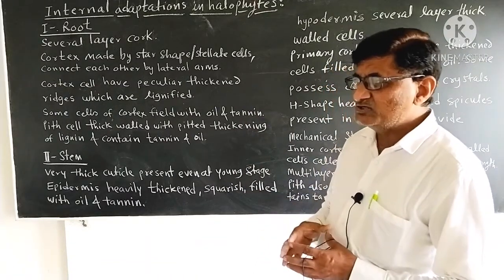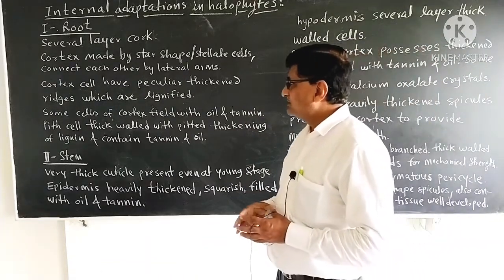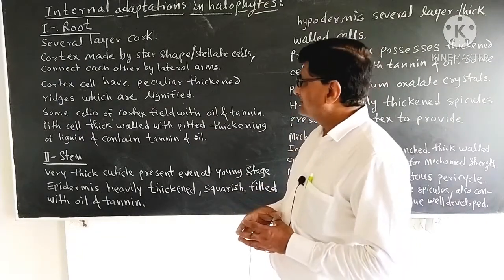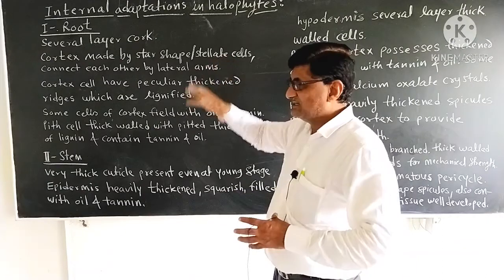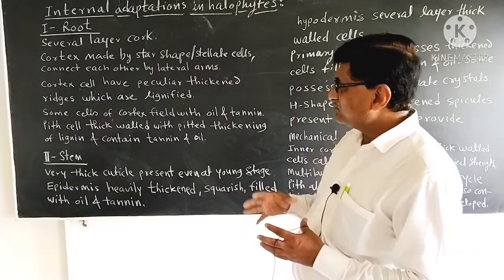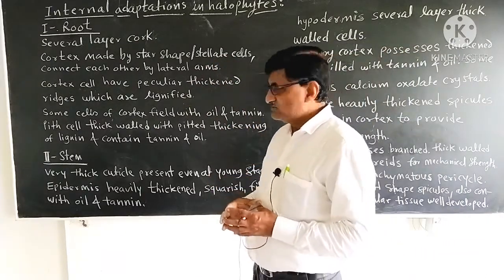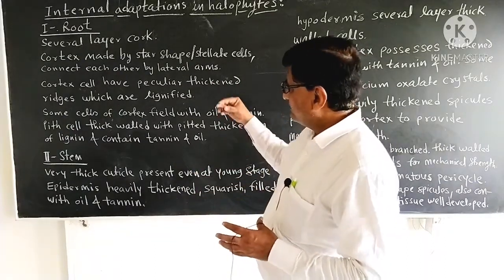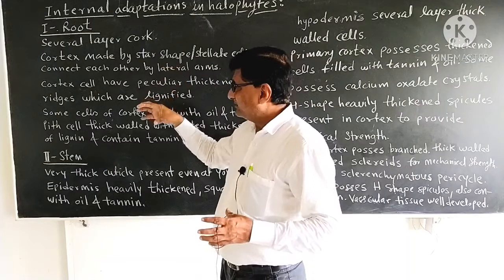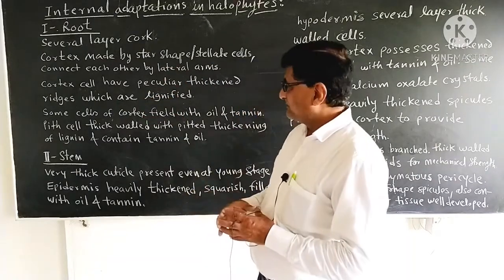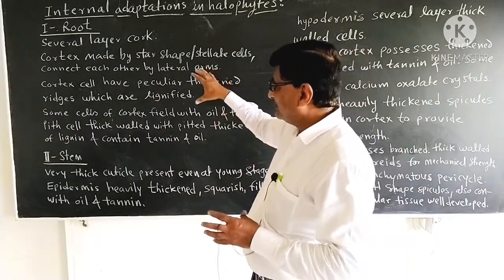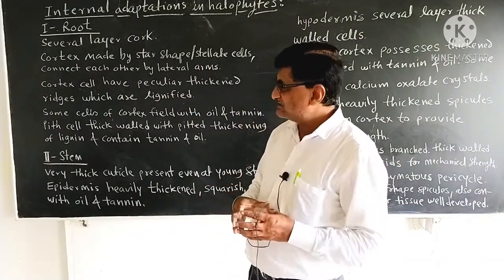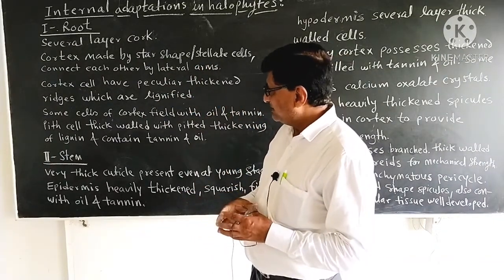But the special feature of the cortex in halophyte roots is that it is made by star-shaped or stellate cells. These cells have lateral arms, and with the help of these lateral arms the cortex cells are connected with each other, and that's why we can see a different pattern of arrangement of cortex cells in the halophytes.